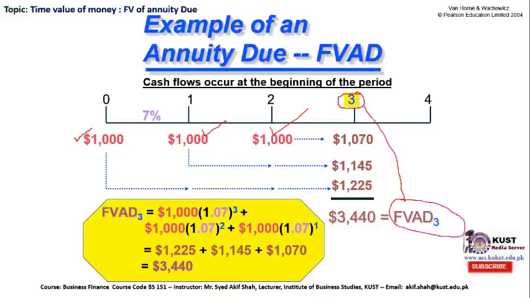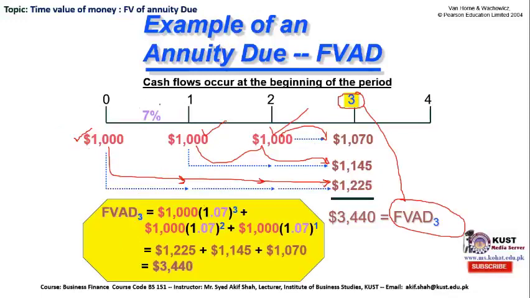So therefore this 1,000 will take only one time to compound over here. This 1,000 will take two jumps to be compounded and reach here. And similarly this start of the time period investment will take three jumps to reach at 0.1, 0.2, and then to reach at 0.3.